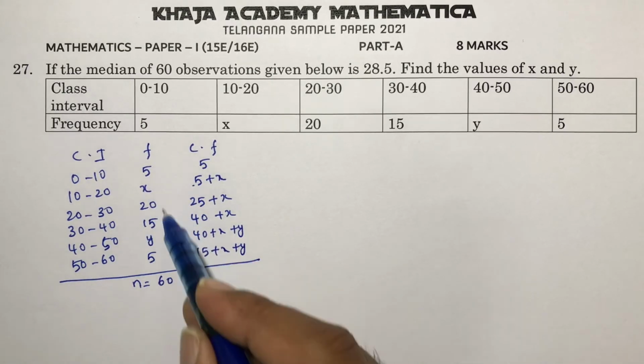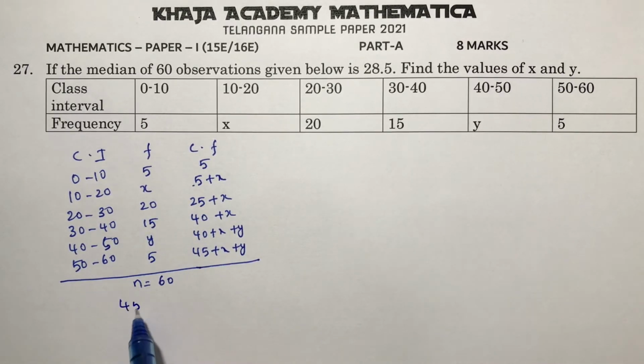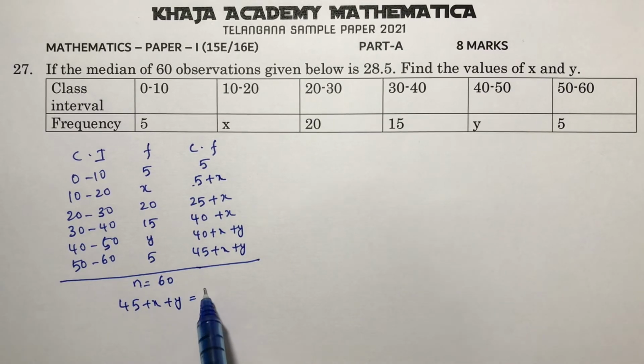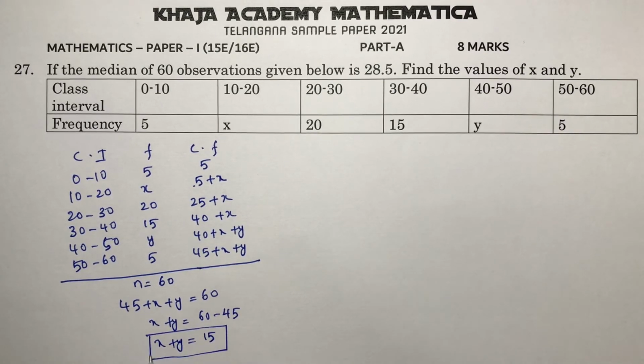So if you add all these values, you'll get 45 plus x plus y equals the total given, 60. So x plus y is 60 minus 45. So x plus y is 15. So leave this part here. x plus y is 15.